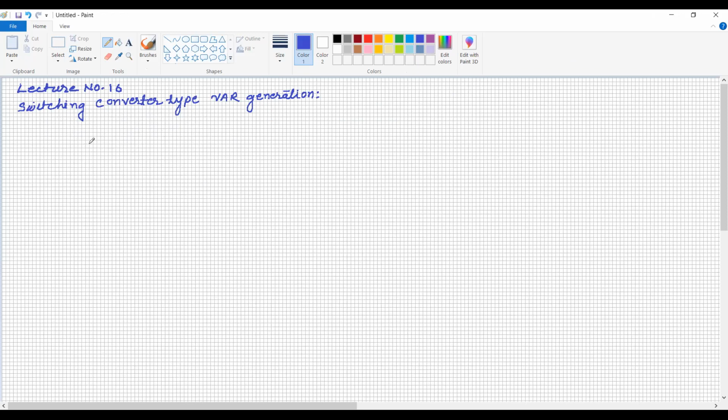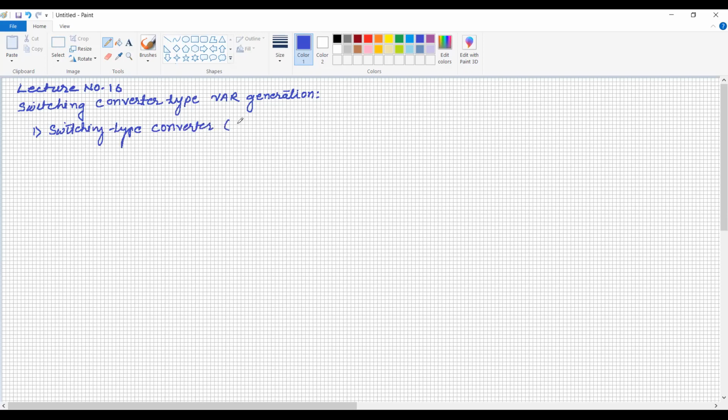It is done with the help of the converter, which is going to generate and absorb. So the first part is the switching type converter.